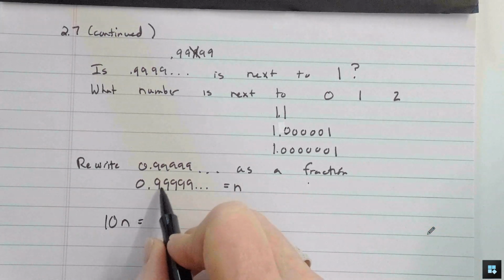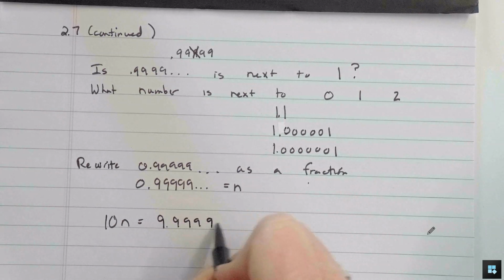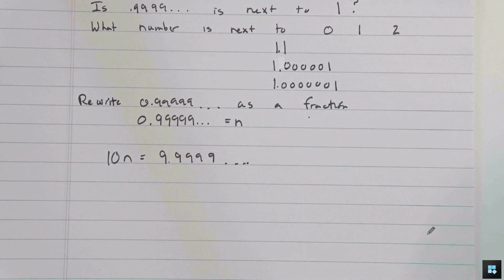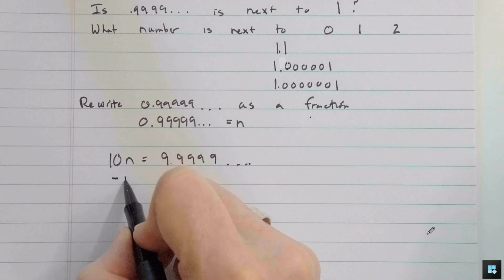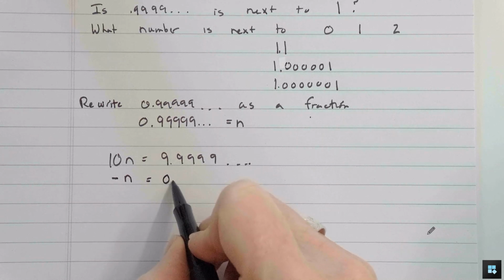So that will move my decimal 1 to the right, so I'll have 9.99999. And those 9s go on forever. And then we subtract the n. So we're subtracting the 0.999, so we line up our decimal places.